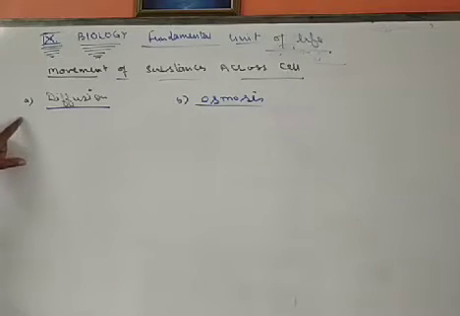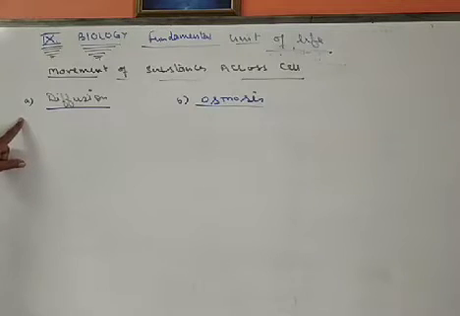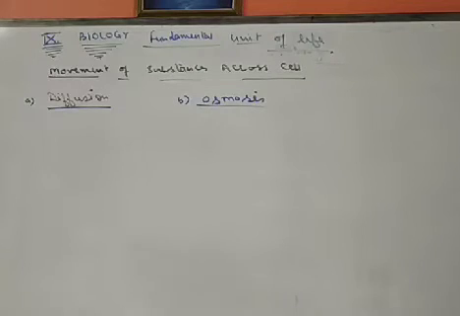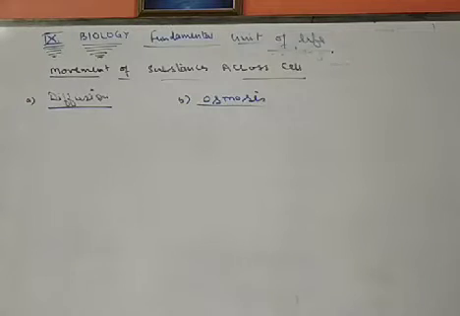Let us first define diffusion. Movement of substances from a region of higher concentration to a region of lower concentration is called diffusion. We are very well aware that if an incense stick is lit in a room, its fragrance spreads in the complete room, even in the surroundings.